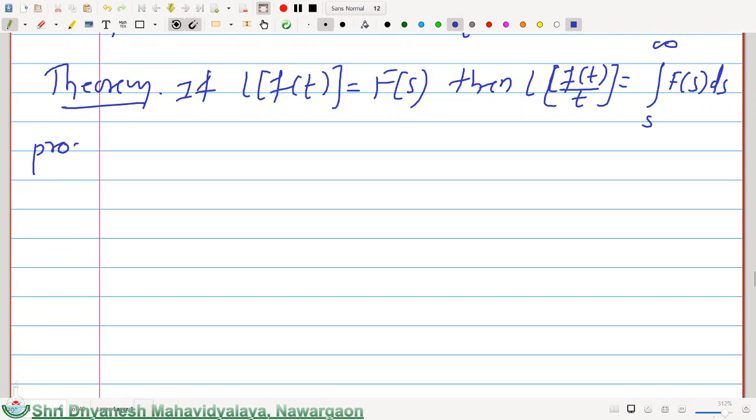Proof: let the Laplace transformation of f of t exist and it is F of s.